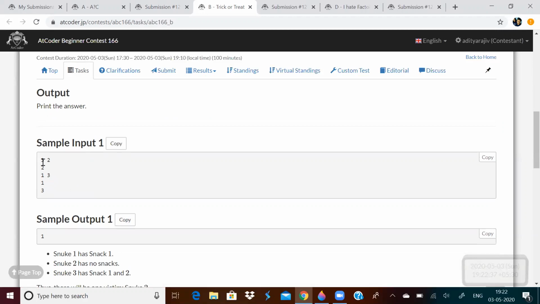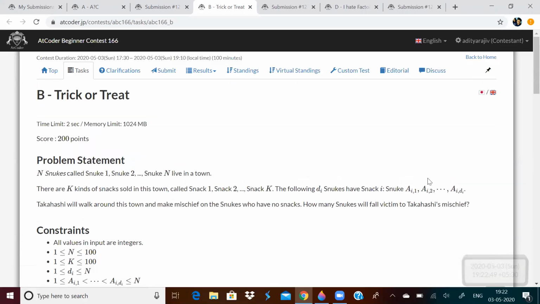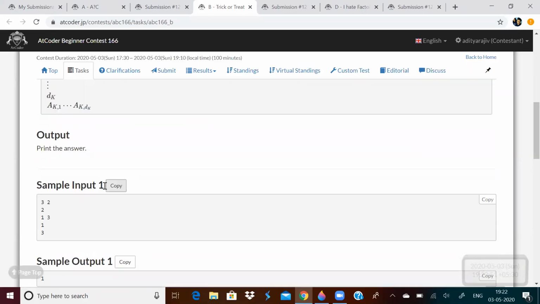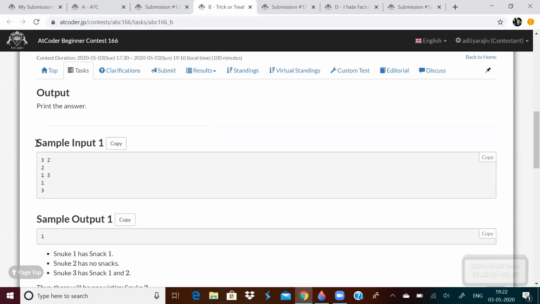For example, let N be 3, K be 2, and d1 is 2. This means that Snuke 1 has snack 1. Snuke 3 also has snack 1. That is, Snuke 1 has snack 1, Snuke 3 also has snack 1.